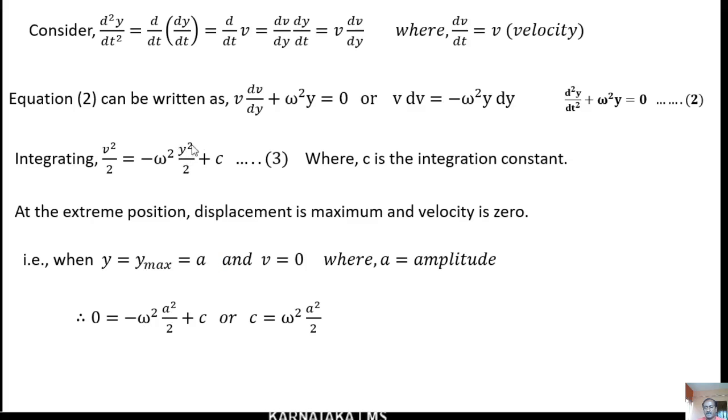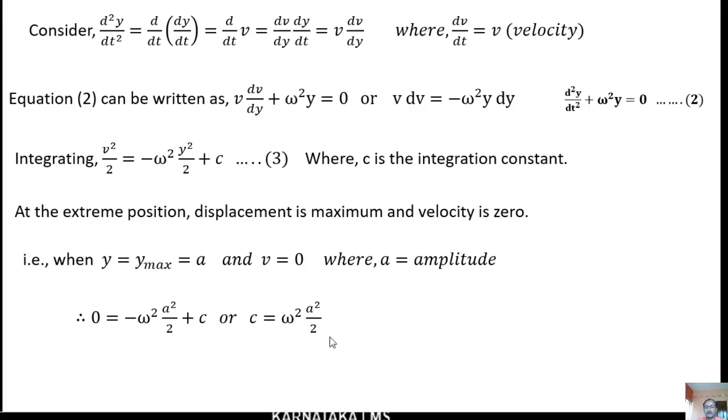Transferring minus omega square a square by 2 to the LHS, we get the positive value c, the integration constant, equal to omega square into a square by 2. This is the constant value.